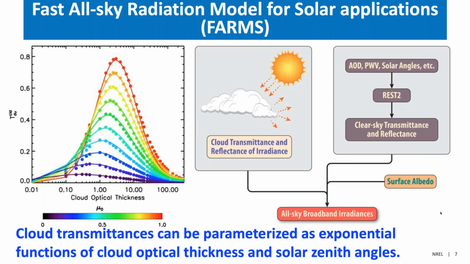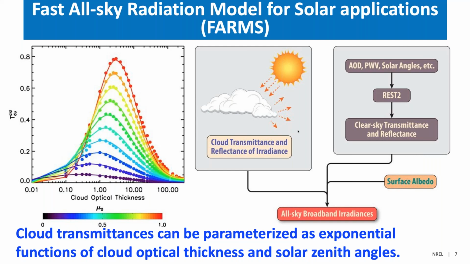So what the FARMS model does is parametrize the cloud transmittance as a function of optical thickness and solar zenith angle, which essentially allows us to do extremely fast computations. I have presented the accuracy at various conferences and meetings, and there are papers on this.